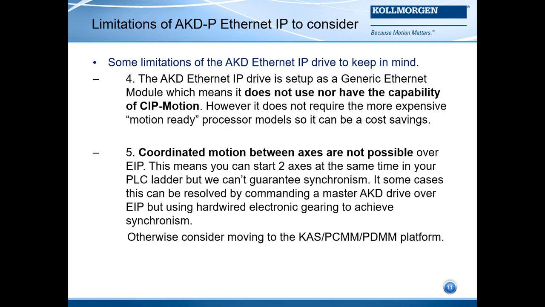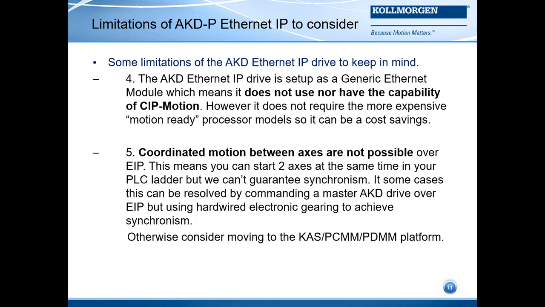The AKD Ethernet IP drive is set up as a generic Ethernet module in the Allen Bradley, which means it does not use nor have the capability of CIP motion. However, it does not require the more expensive motion-ready processor models, so it can be a cost savings. Coordinated motion between axes is not possible over Ethernet IP.